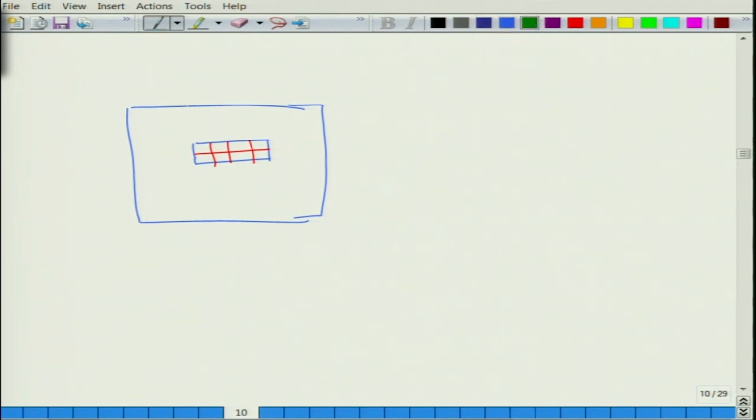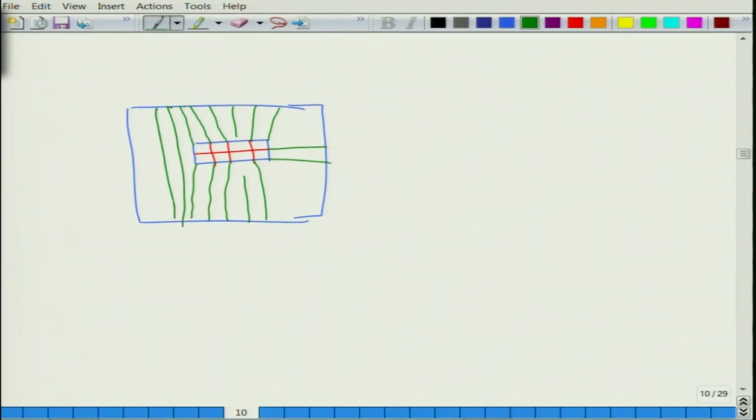So it will have maybe one edge dislocation somewhere, and this is basically much smaller in size as compared to the previous one.